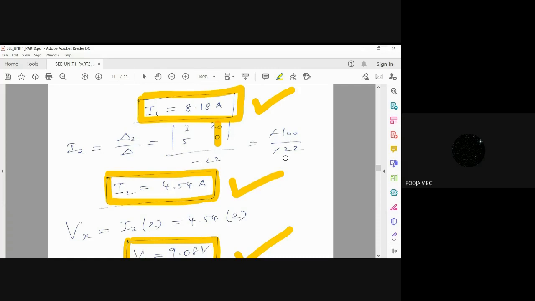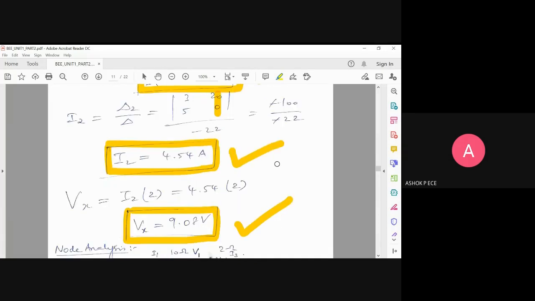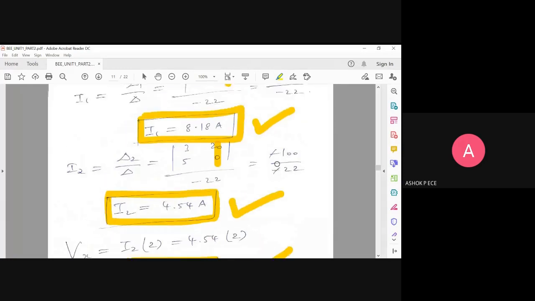Yes, I1 minus I2, because it is always the larger current minus the smaller current. So the current flowing through the 5 ohm is 8.18 minus 4.54. You will get close to 3.6 amperes, if I am approximately right.